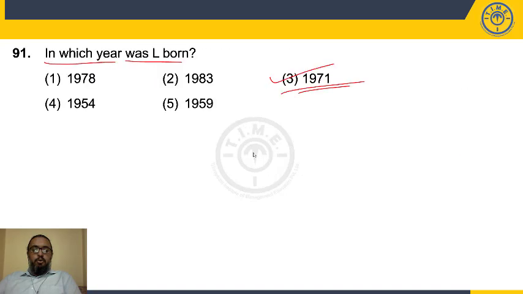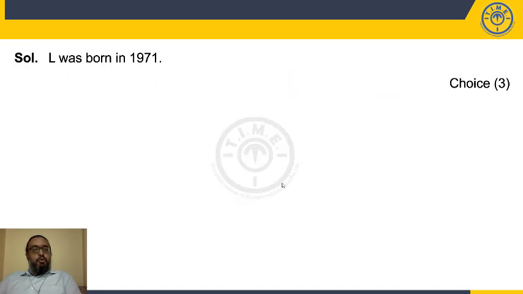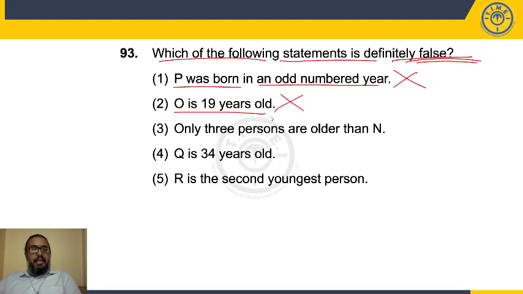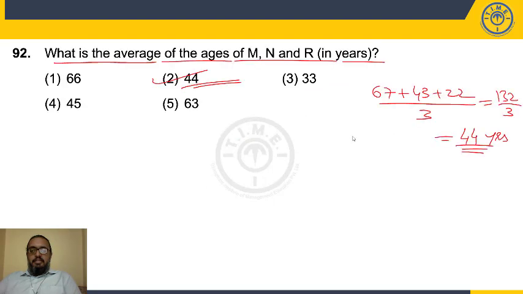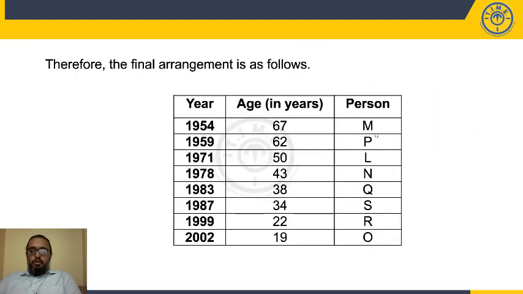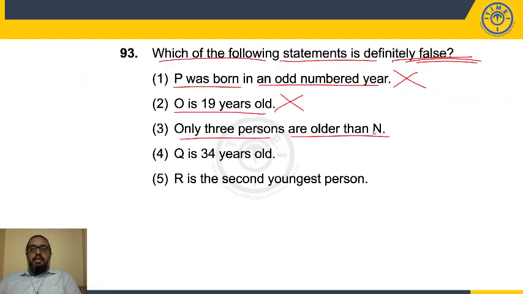Yes, O is 19 years old. So it's again correct information, not my answer. Now, only 3 persons are older than N. Let us check. Yes. Above N you have M, P and L, 3 persons. So that is also correct information, not my option.